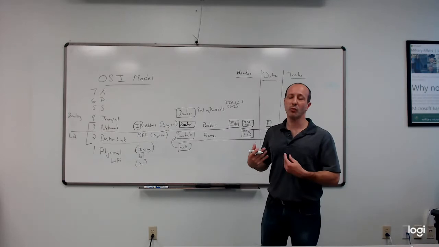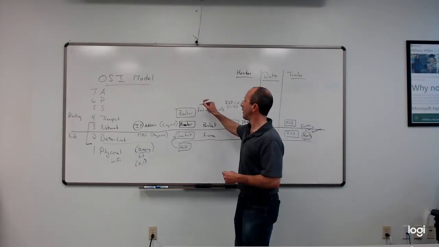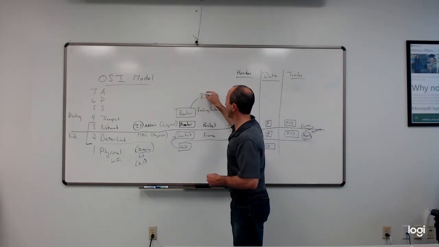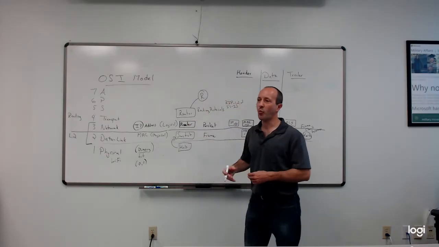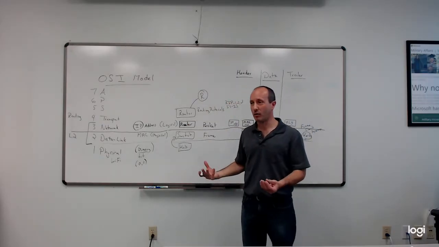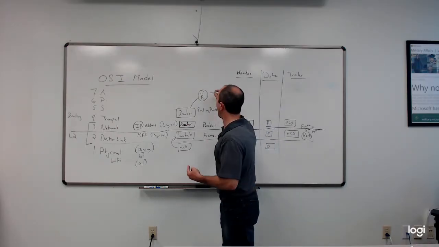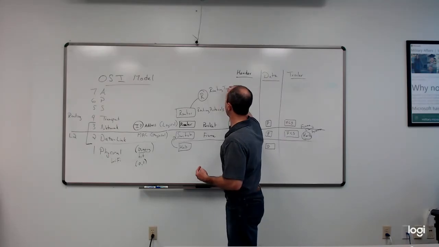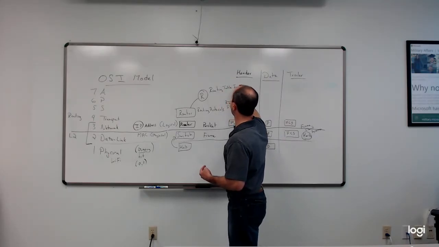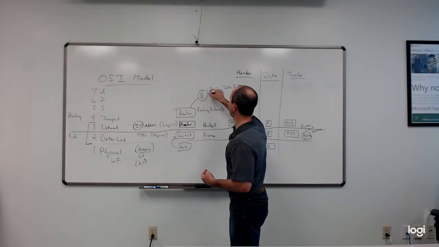And what you would do is configure the two connecting routers with the same protocol in order for them to exchange what we call routing table information. They're going to exchange the information in the routing table.